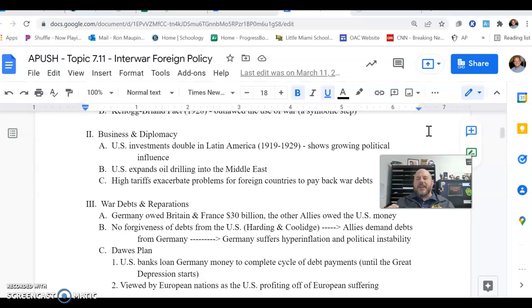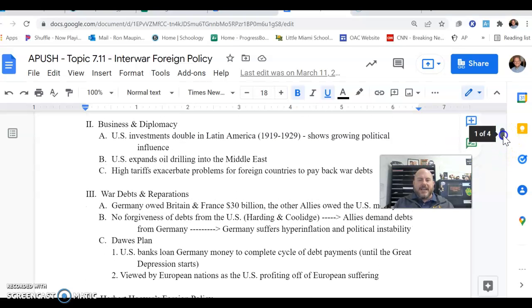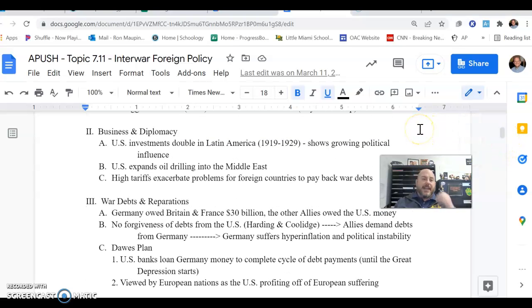And when you're talking about possibly hurting international trade, this is going to be especially problematic given the realities of the debt that is existing globally at this time, once again, as a result of the end of World War I. Now, you have to remember, during the war, the United States is going to be loaning the Allies millions and millions of dollars, and then eventually billions of dollars.